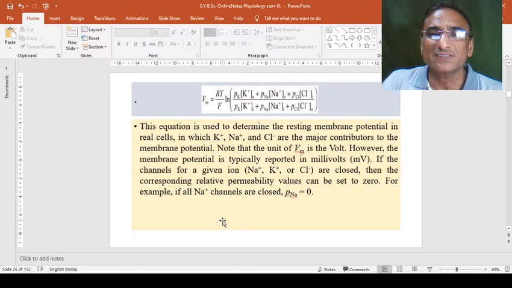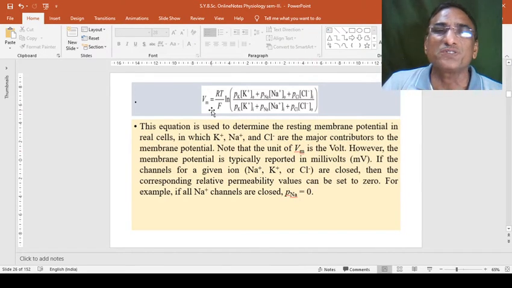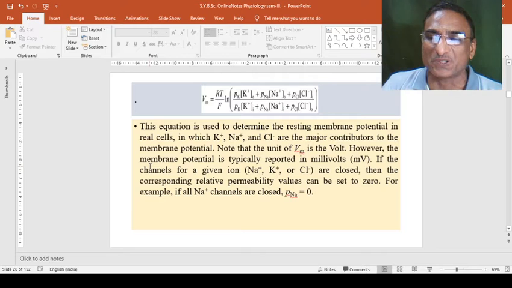One more thing to note here: the unit of membrane potential that we calculate is volts, therefore Vm is to be used in the formula in volts. However, the membrane potential is typically reported in millivolts, or mV.